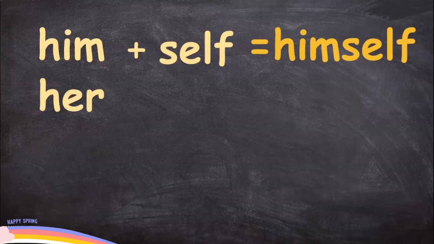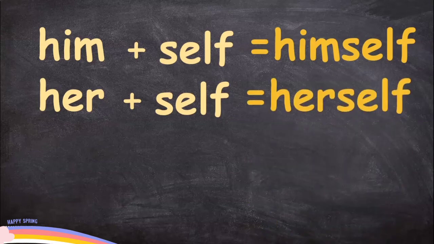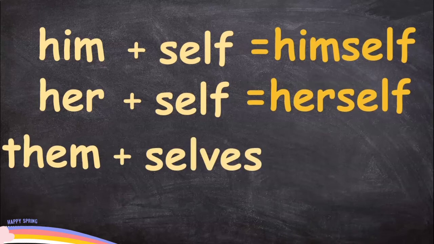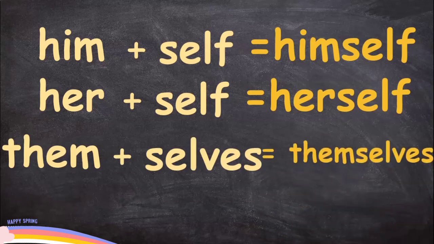Next is her. Her plus self, we already have herself. Okay, let's try it with plural personal pronouns. Let's try them. Plus selves is equal to themselves. That is already a reflexive or an intensive pronoun.